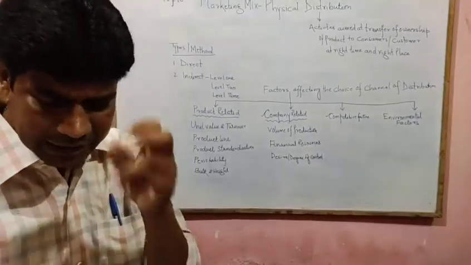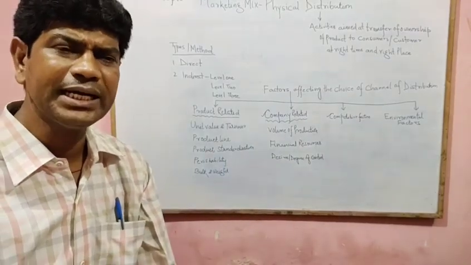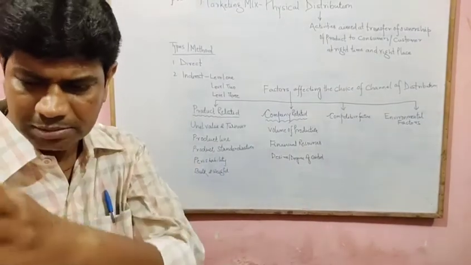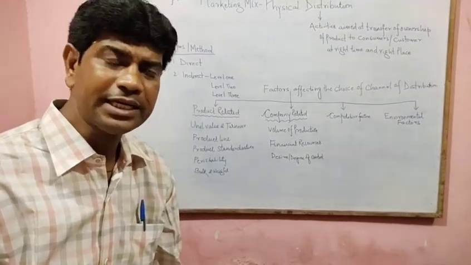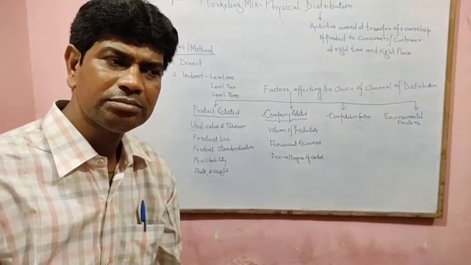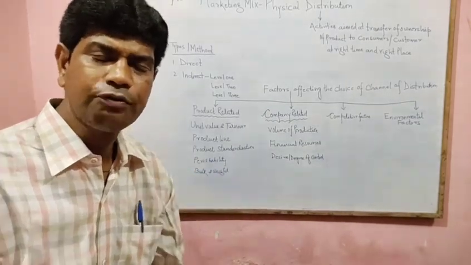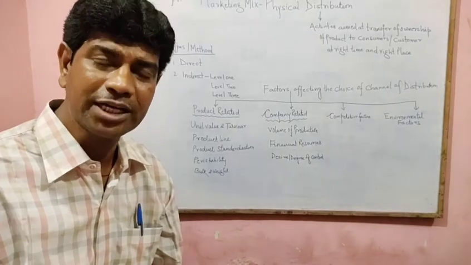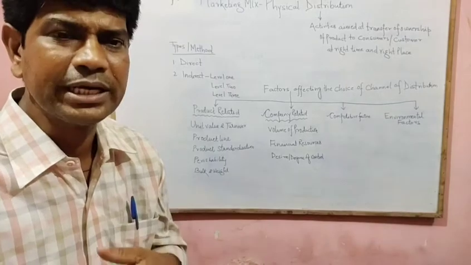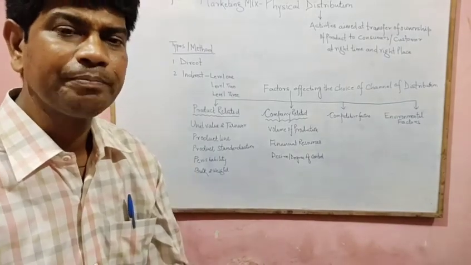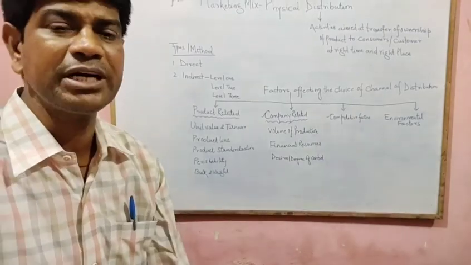Another important market consideration is the number of customers in a market. If you find that there is a large number of customers or variety of customers in a market, then it necessarily places a force in favor of the use of intermediaries or middlemen, because they would help us in convincing the customer and eliciting repeated purchase from a large number of customers in a market.